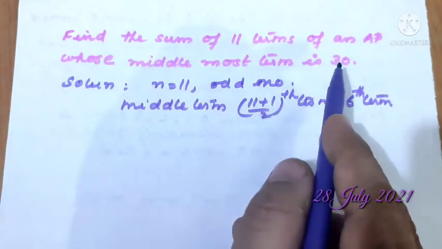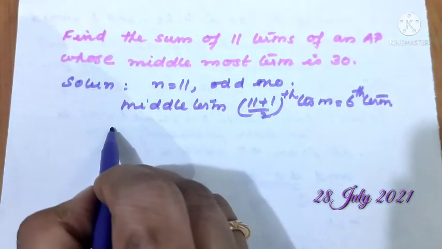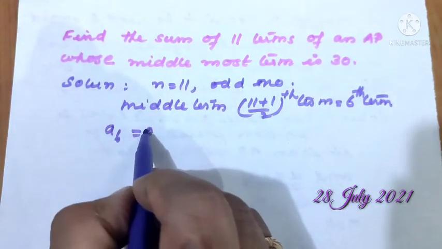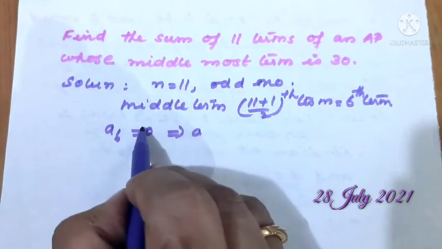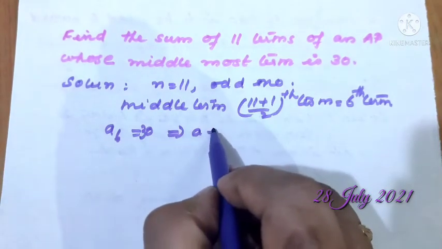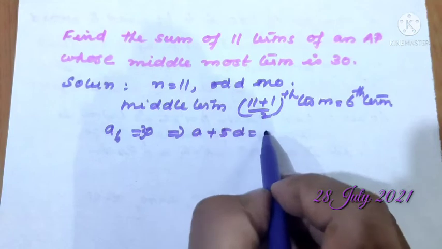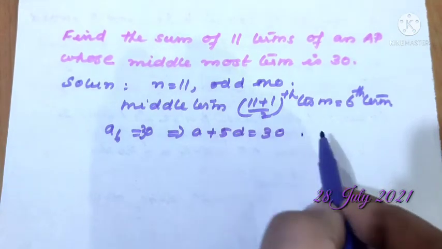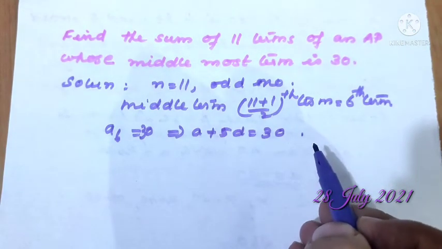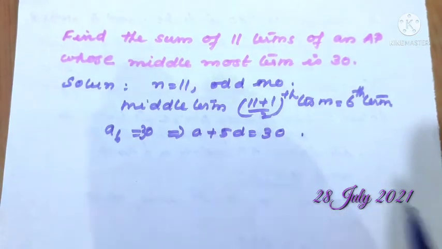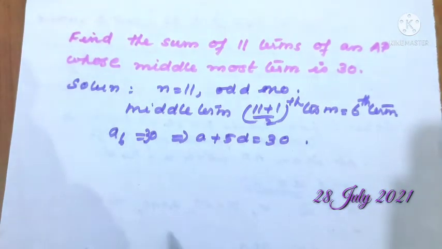The 6th term is 30. Therefore A6 equal to 30, that is A plus 5D equal to 30. Right? Now S11 is asked.